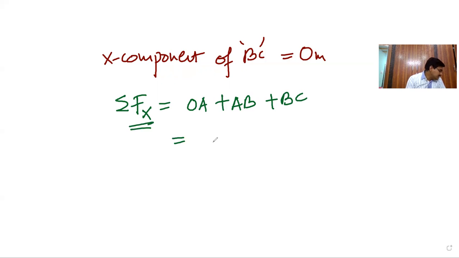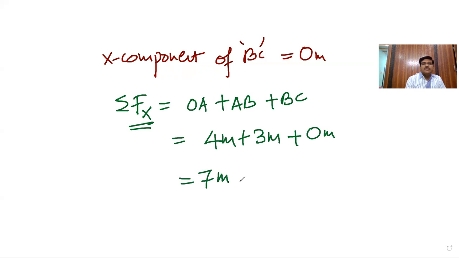So how much is it? 4 meters plus 3 meters plus 0 meters. So it becomes 7 meters. Sigma Fx is 7 meters. Clear?